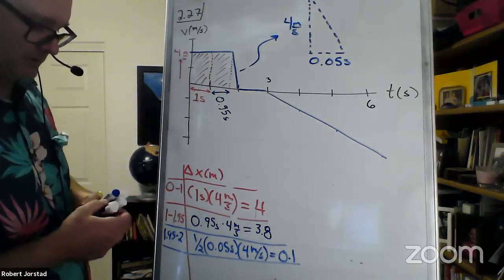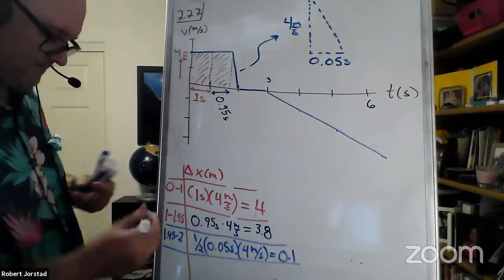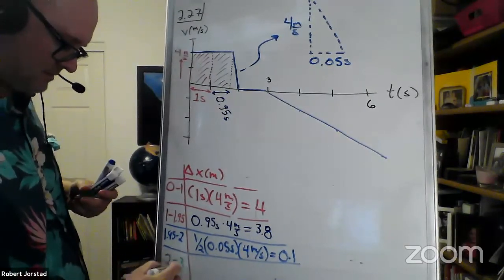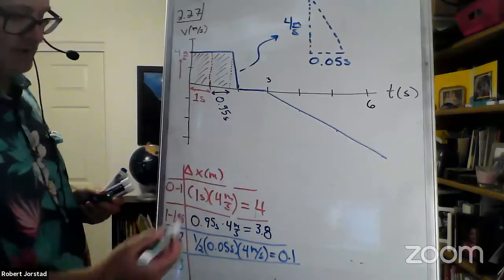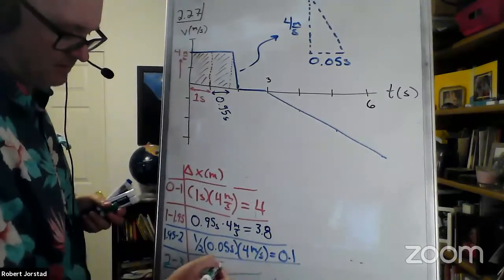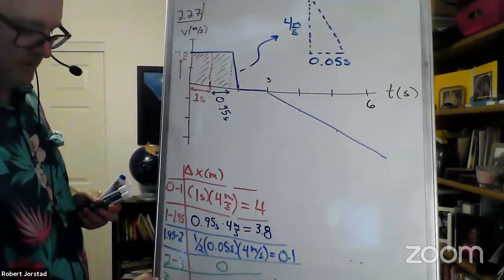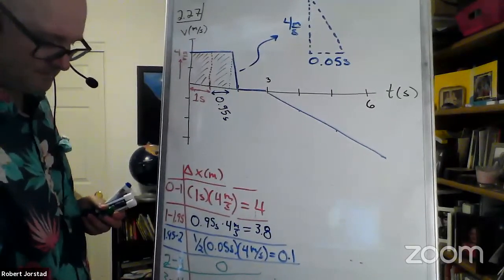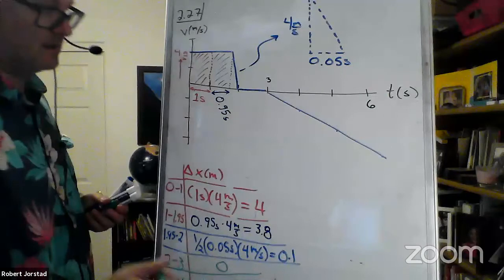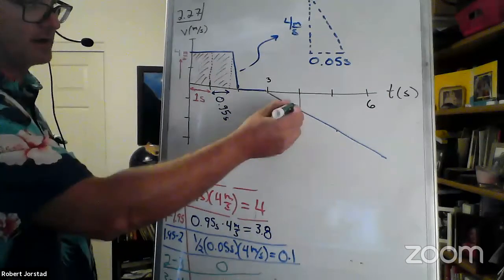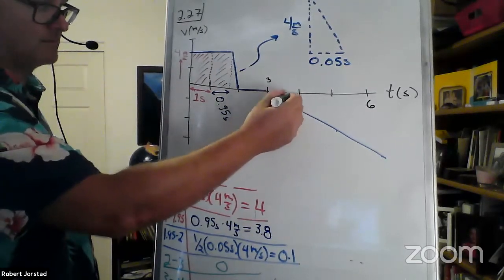Let's say we go from 2 to 3 here, all right? If we go from 2 to 3, oh, actually, that's easy. 0. There's no area, right? So how about from 3 to 4? What's that area going to be? -1.